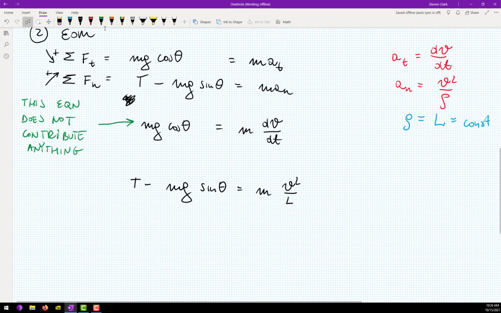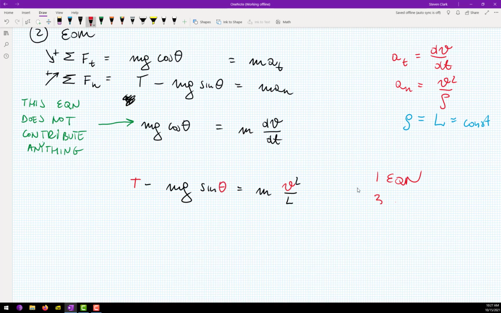So we ended up with one expression. And how many unknowns? Let's count them. I bet we don't know the tension in the rope. I also think that we don't know v. And we don't know theta, that theta at which it will break, yes?